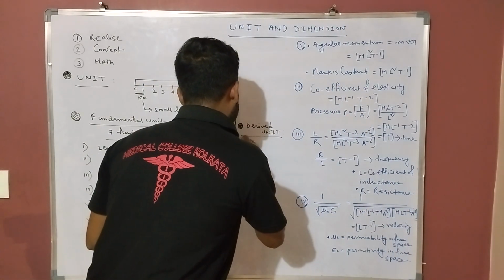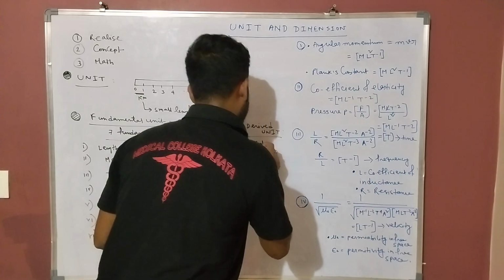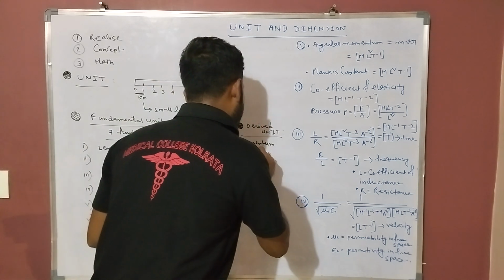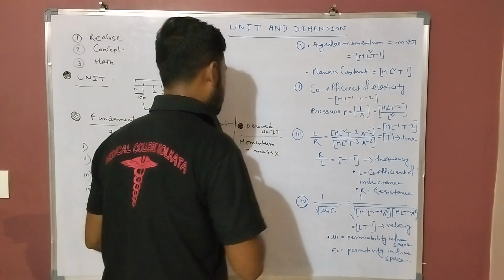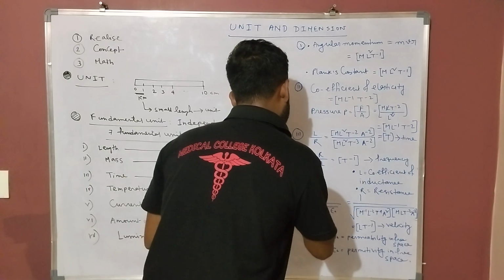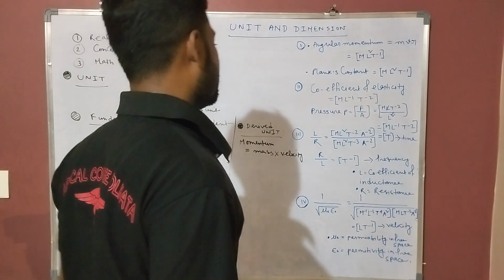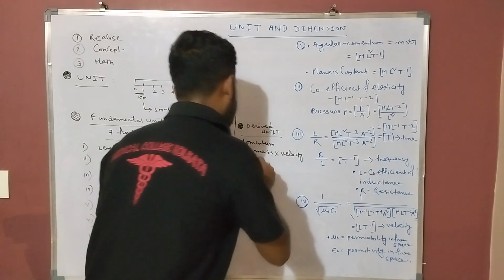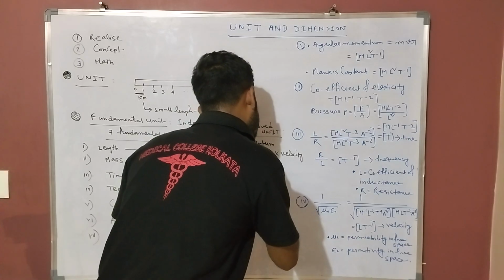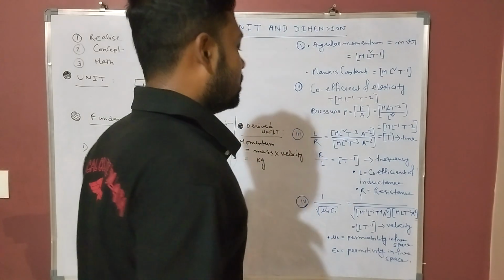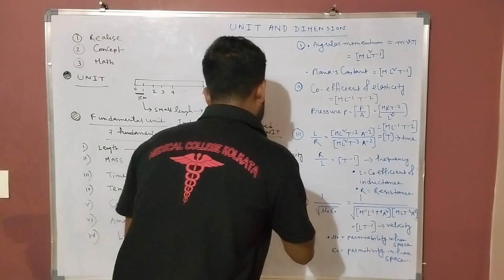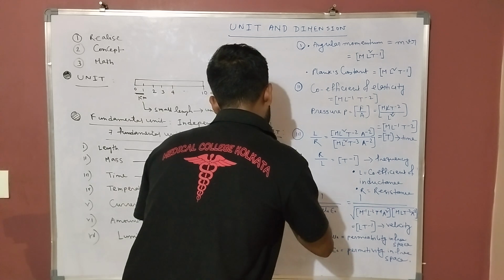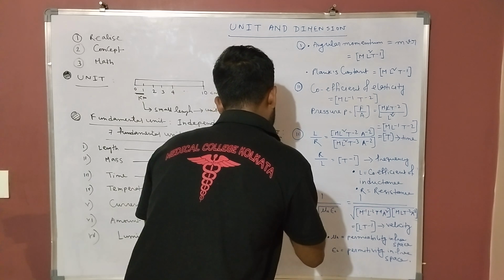Suppose momentum. Momentum means mass into velocity. So in SI, what will be the unit of mass? Kg. What will be the unit of velocity? Meter per second.